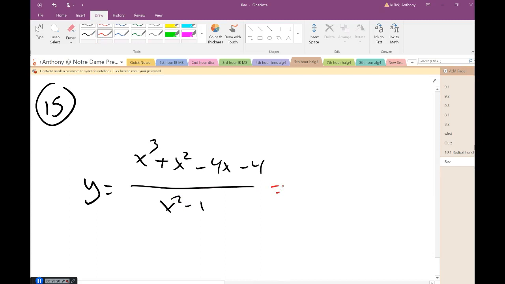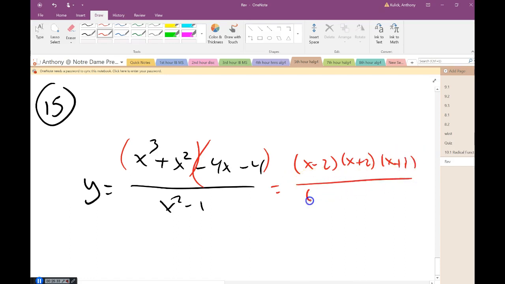So I'm going to start by factoring. I'm going to factor the numerator by grouping. I'm not going to show it in the interest of time, but it does factor down to give me that. I think I showed it on the review sheet. So the domain there is all real numbers except for plus or minus 1.